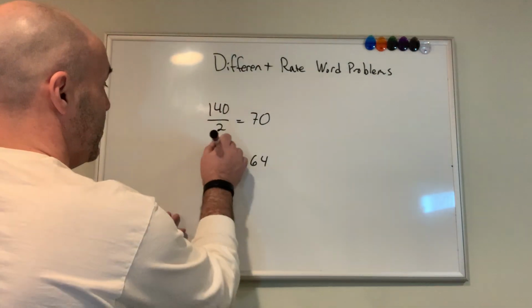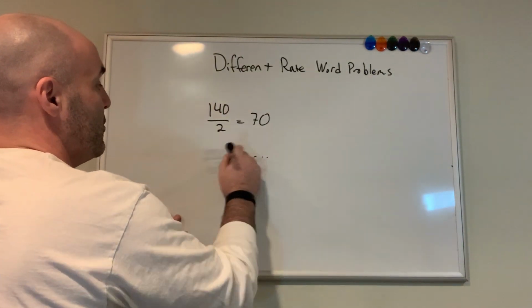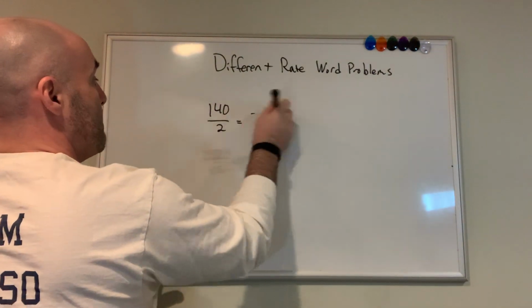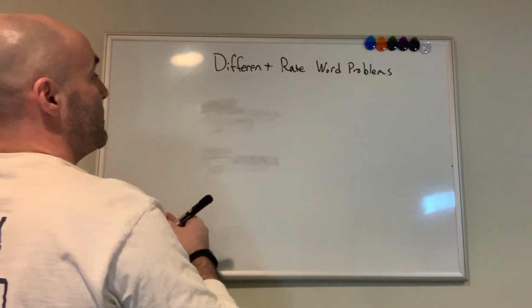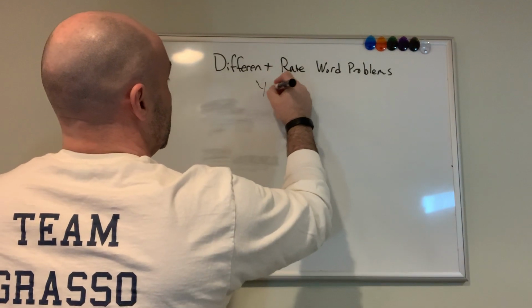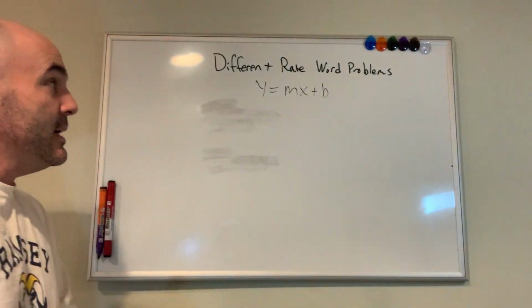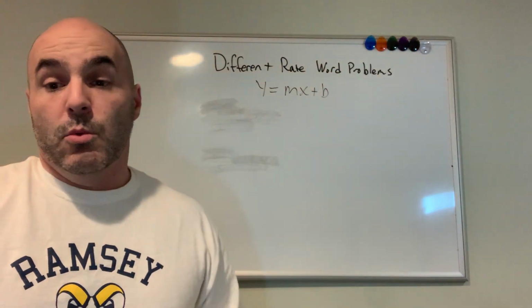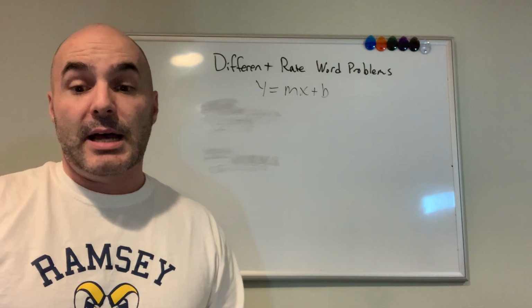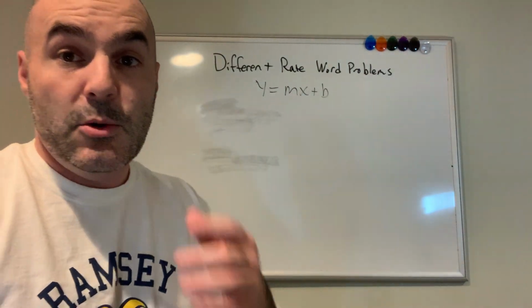Okay, so this should look very familiar. We're going to be using y equals mx plus b. You've been working with y equals mx plus b for quite a long time, so we're just going to continue with that.